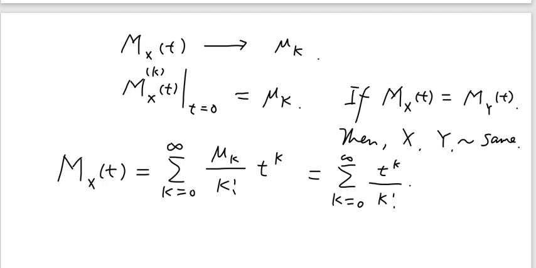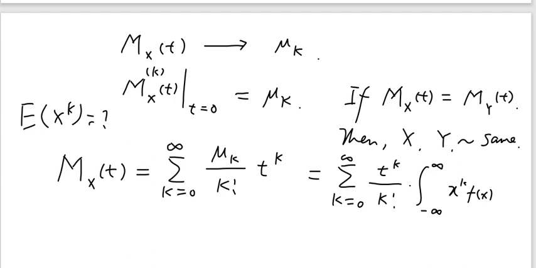So mu k, what is mu k? Mu k is equal to E[X^k]. What is E[X^k]? E[X^k] is equal to the integral of x^k f(x) dx. Okay, right?